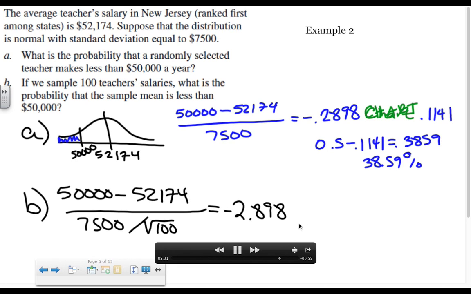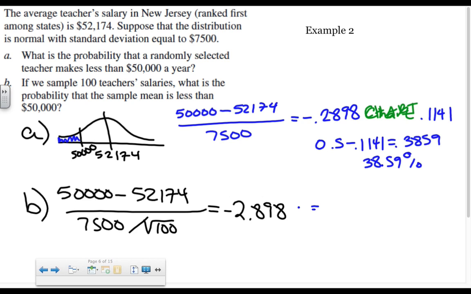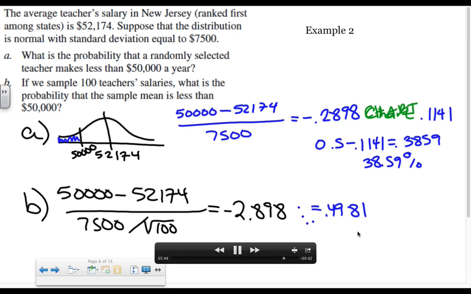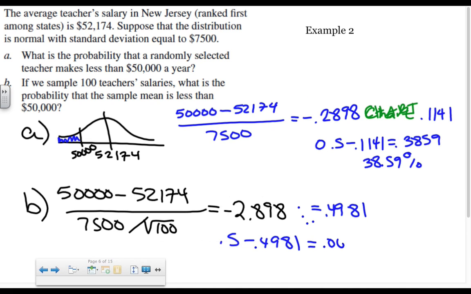So I end up with 0.4981 once I look it up in the chart. And again, I have to subtract from 0.5 because it's a tail. So I subtract from 0.5 and I get 0.0019.